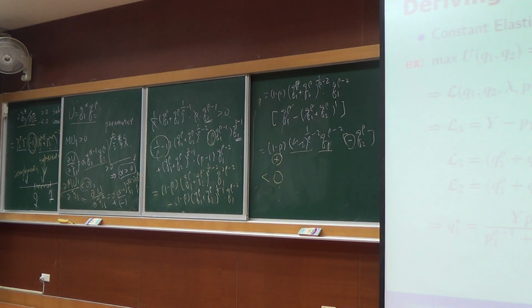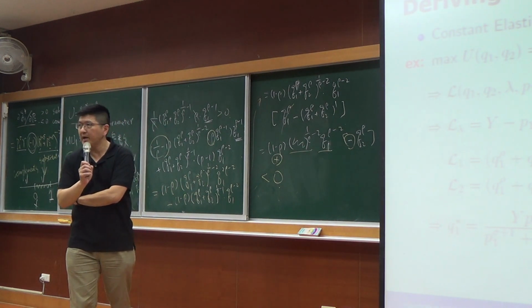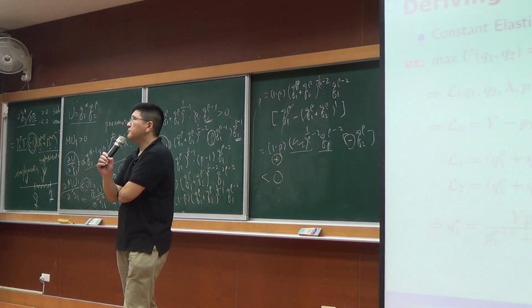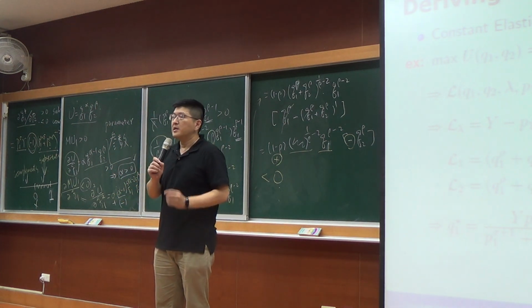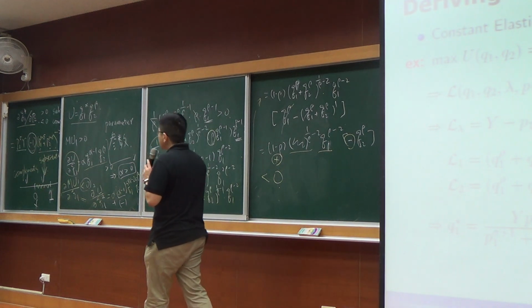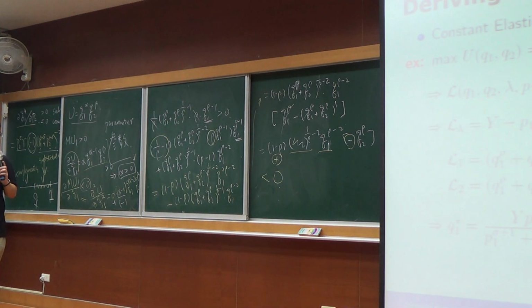In the Cobb-Douglas utility function, the good must be a normal good satisfying the law of demand, but the relationship between good 1 and good 2 is independent. They are neither substitutes nor complements.